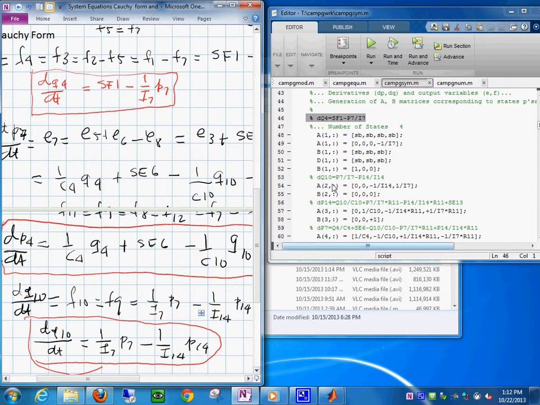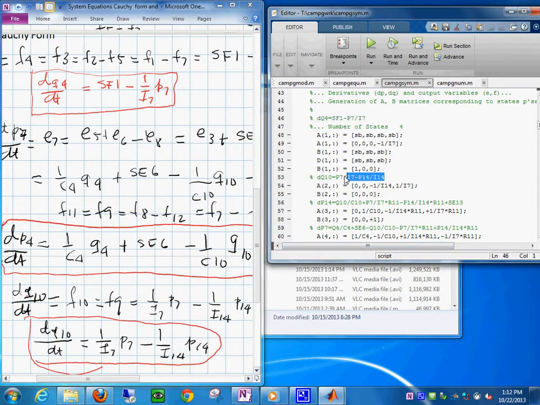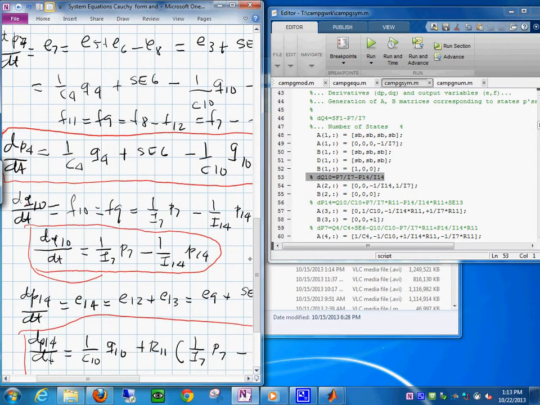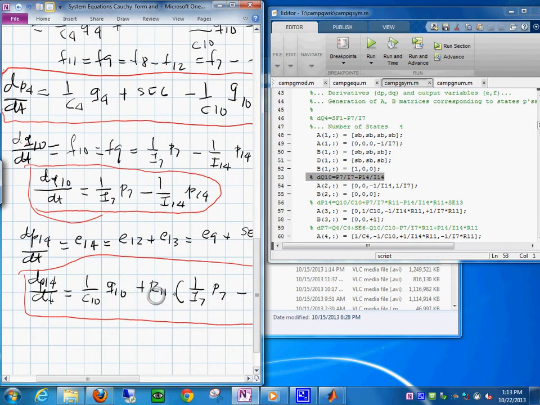I think I wrote it down incorrectly. I have the 7, not a 4. See, it's a 7 right here. So that shows you that we have a one-to-one correspondence of the equations in one form or the other.